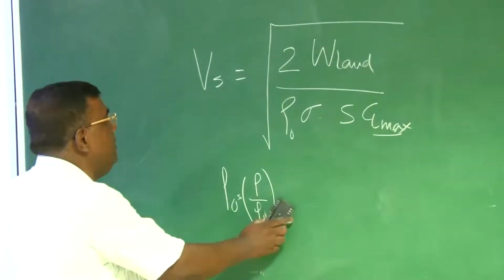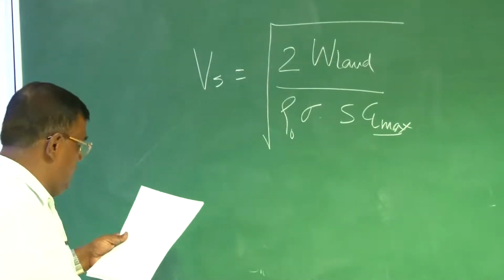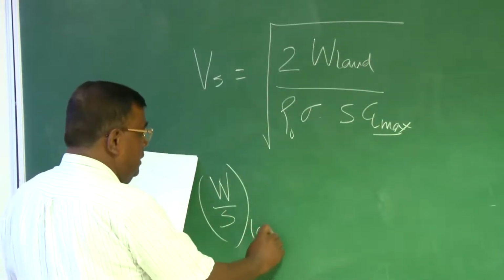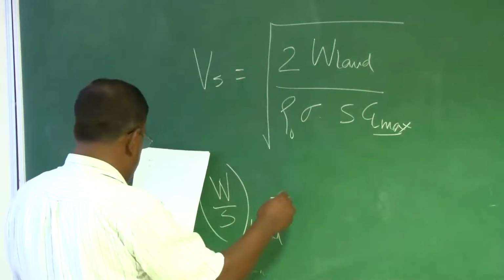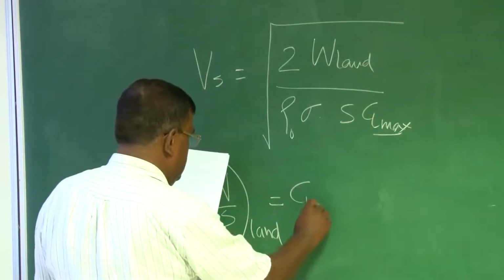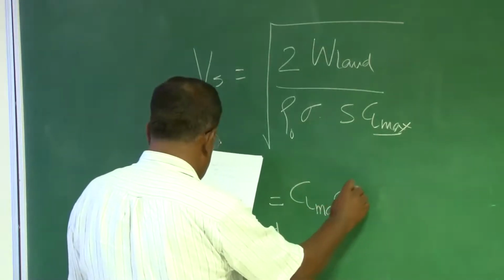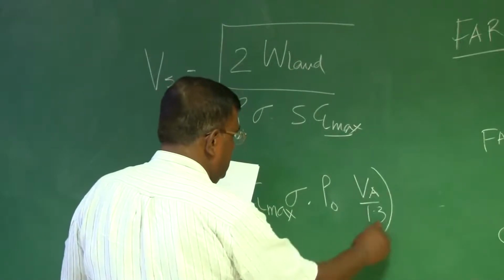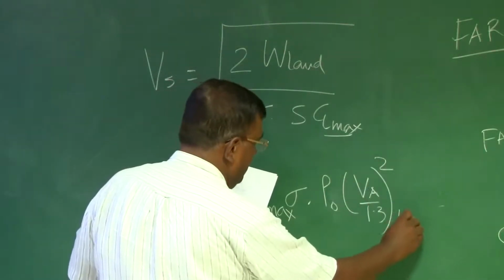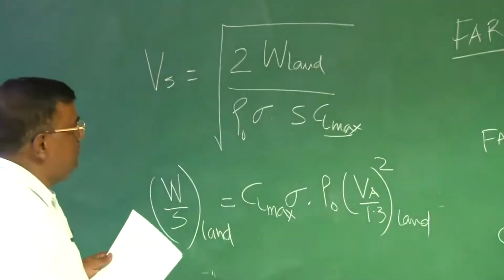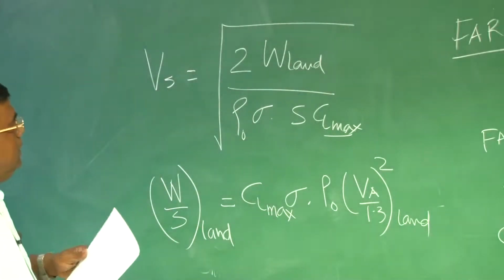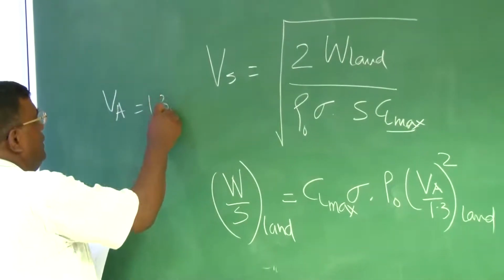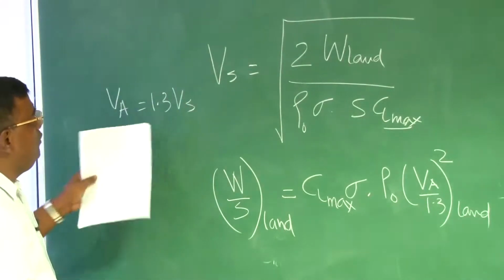If this is agreeable, then I can write V or W by S landing. I just square it. It will be CL max into sigma into rho naught into VA by 1.3 square landing. Right? Because you know VA equals 1.3 times VS. So VS will be VA by 1.3.